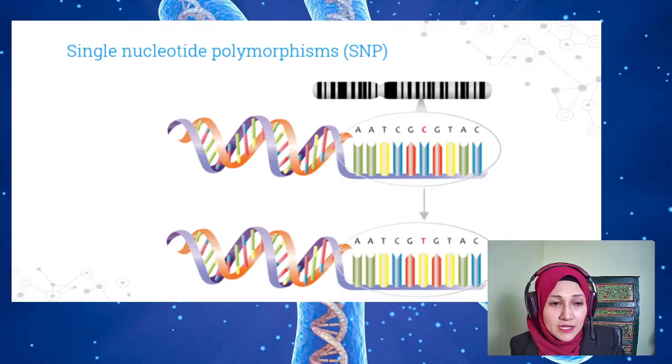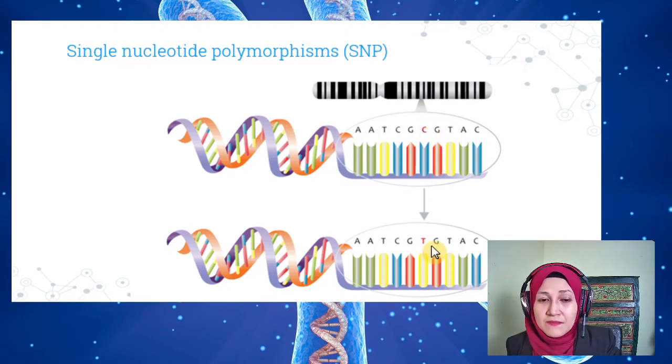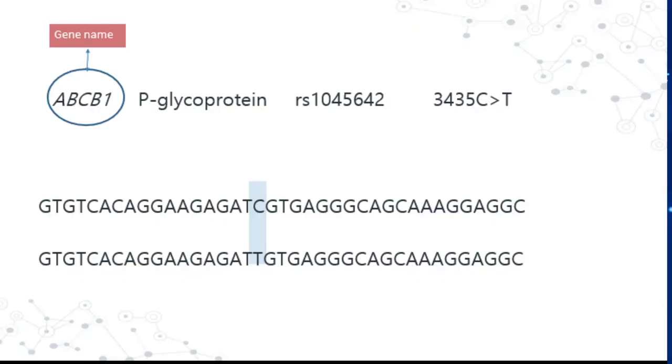For example, at this particular gene locus, a lot of people have C in this location, but some people might have T instead of C. So it occurs only at one nucleotide base. This is an example of a SNP, and this is how a SNP is usually written.